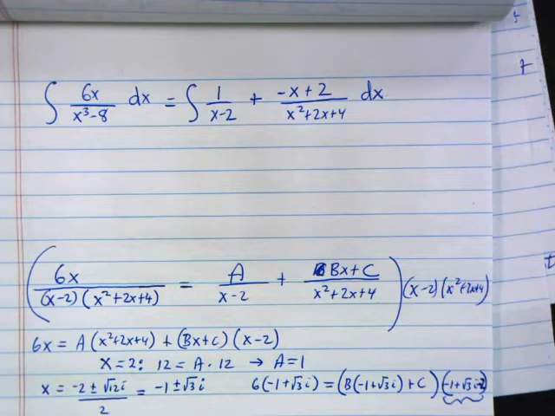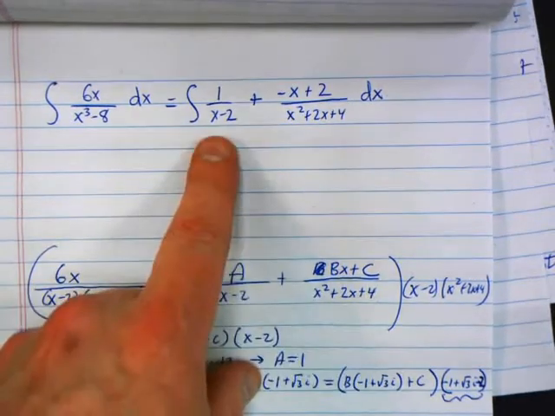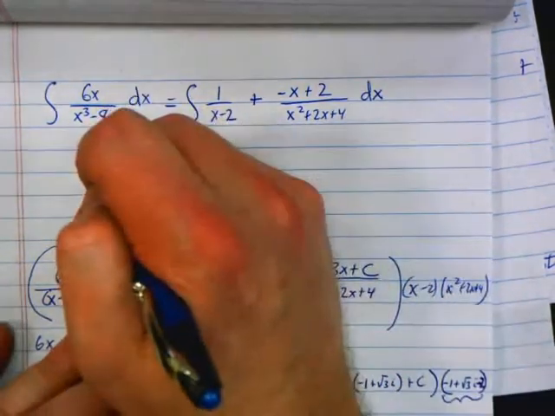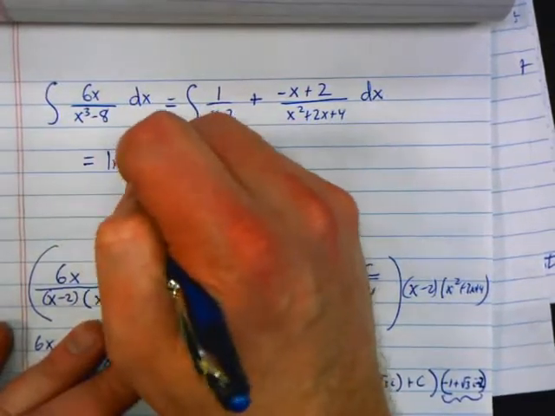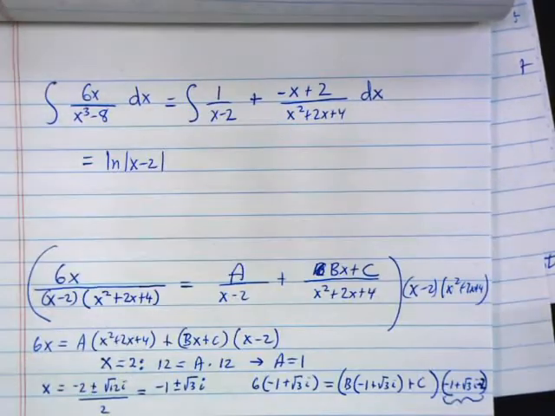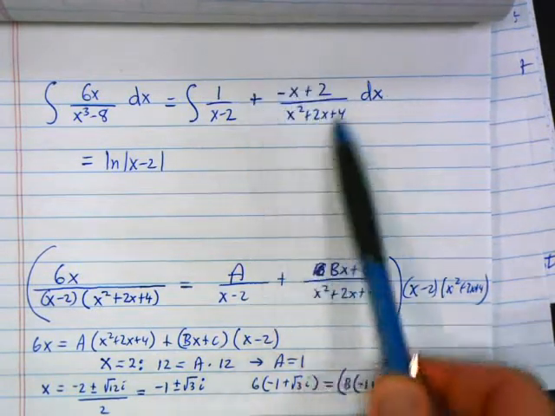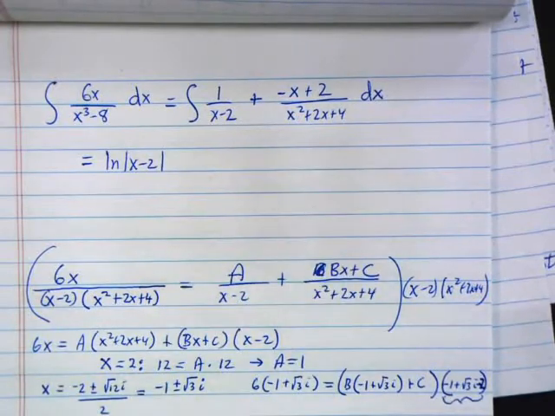We have to do another one for that side. Well, let's do this one first. Okay. Start with the easy one. ln of x minus 2. Now what? U sub.